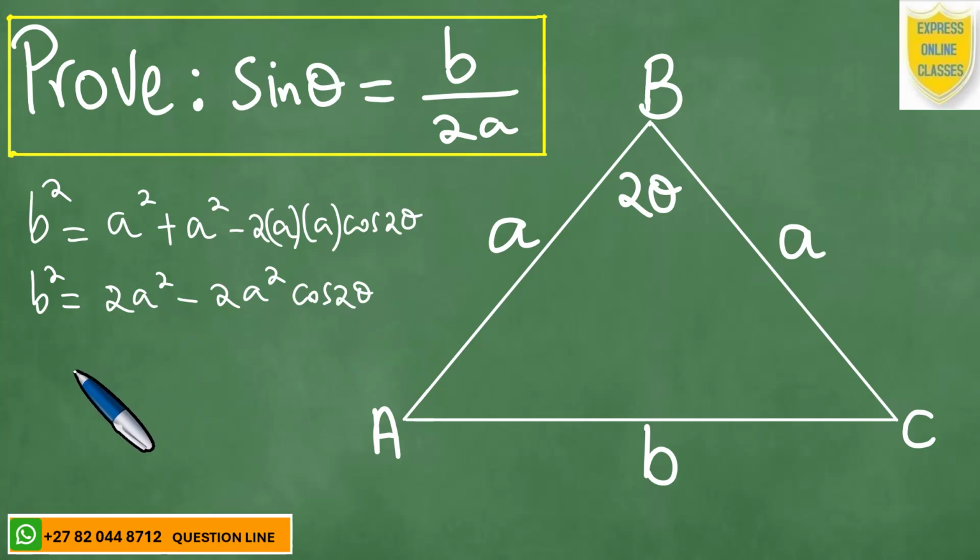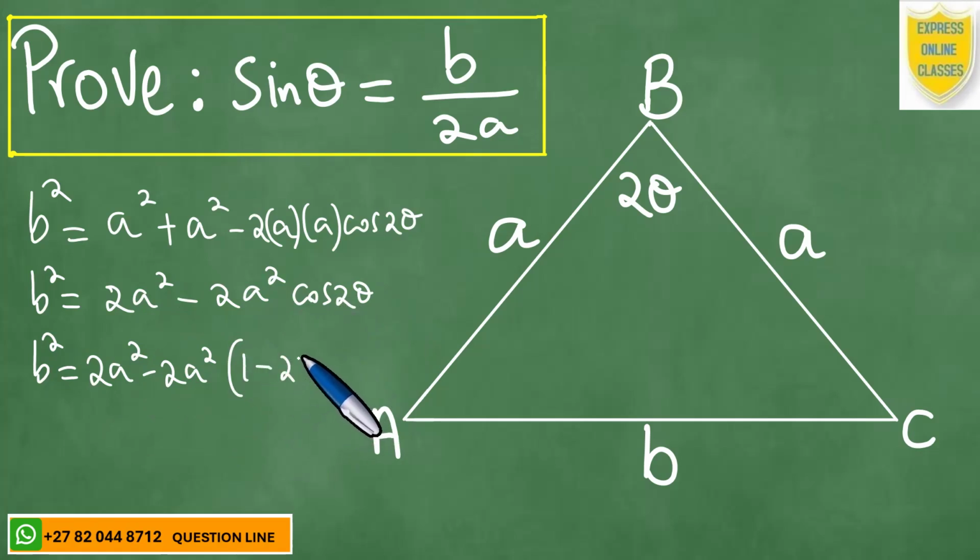At this point, the cosine of 2 theta is 1 minus 2 sine squared theta.